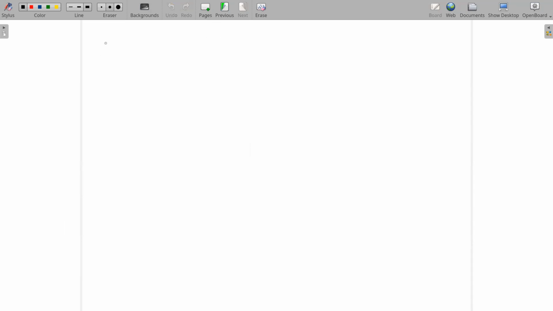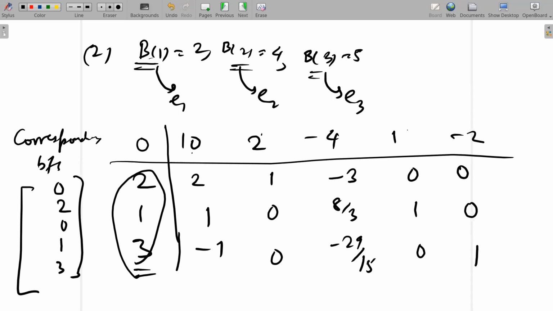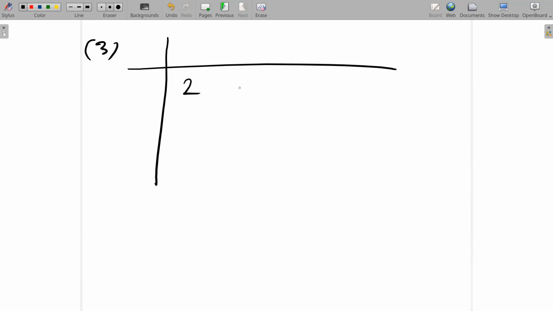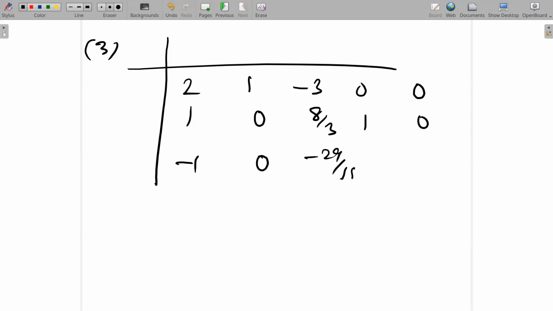And step 3, essentially we'll set these 3 things to 0 because these correspond to the basic columns. So here we are looking at modified costs. So we still have 2, 1, minus 3, 0, 0. I'm just repeating the matrix X and the vector B prime here: 1, 0, 8 over 3, 1, 0, minus 1, 0, minus 29 over 15, 0, 1, 2, 1, 3.